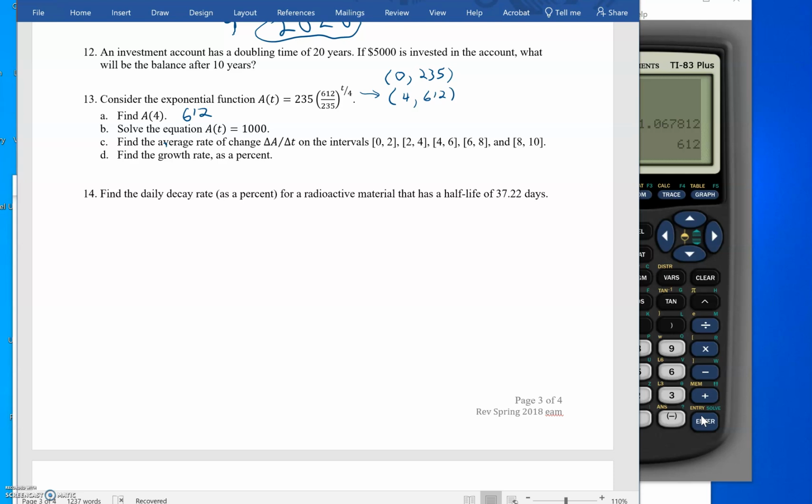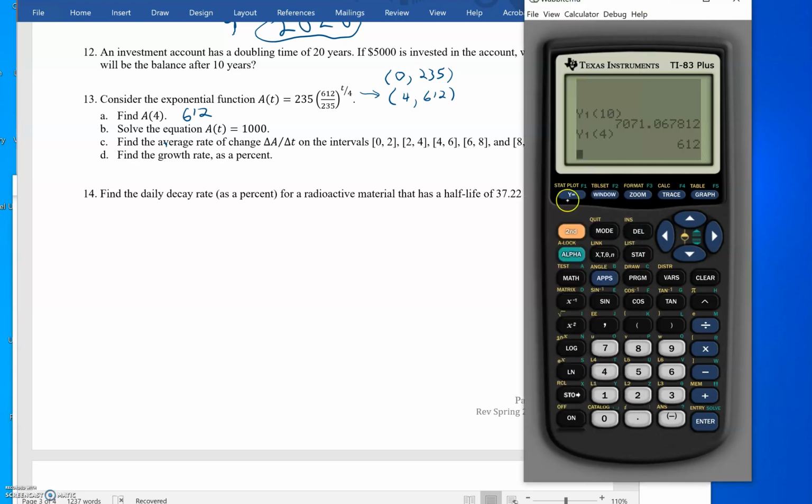What about part B? Solve the equation A of t equals 1,000. So for that one, I can use calc intersect. Because that's essentially what this is saying: when do these two intersect one another? Let's go to the table and see when it happens.